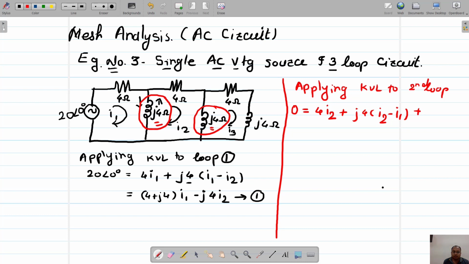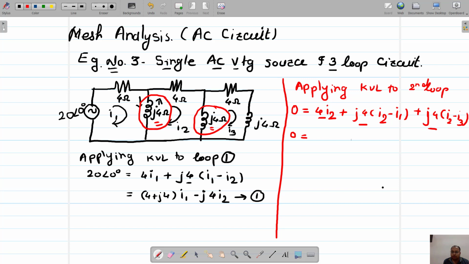Now let us find the drop across this: J4 into (I2 minus I3). Now simplify this equation again. 0 equals (4 plus J4 plus J4), how much will it be?